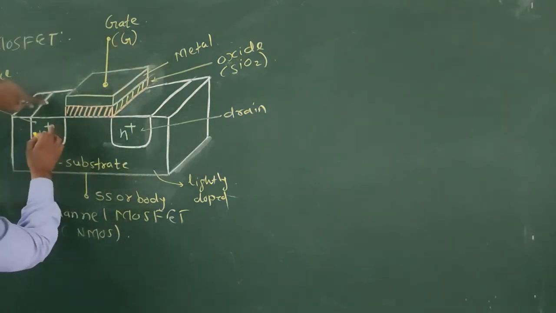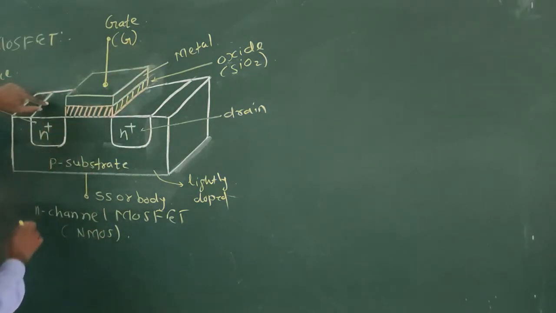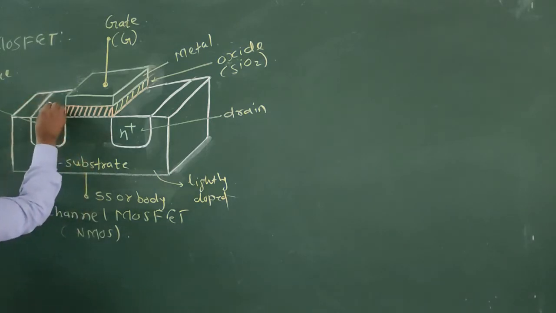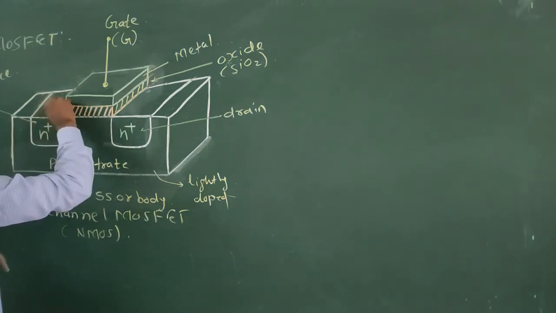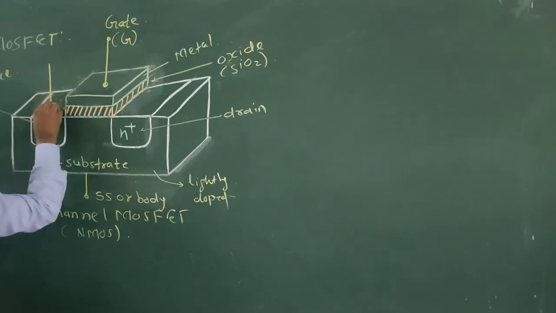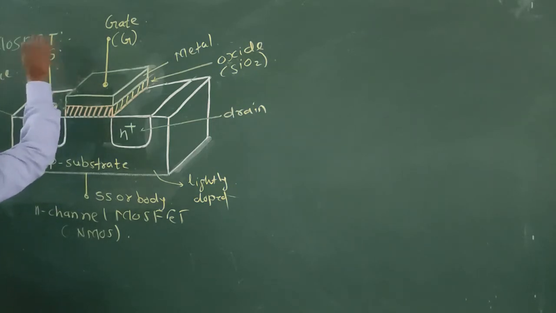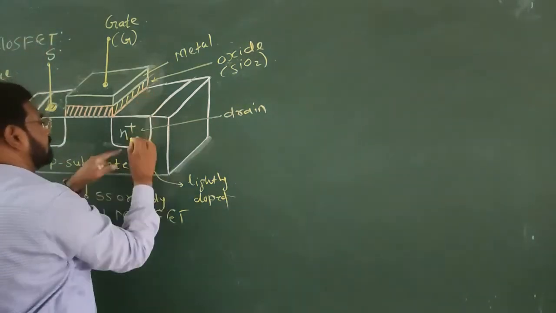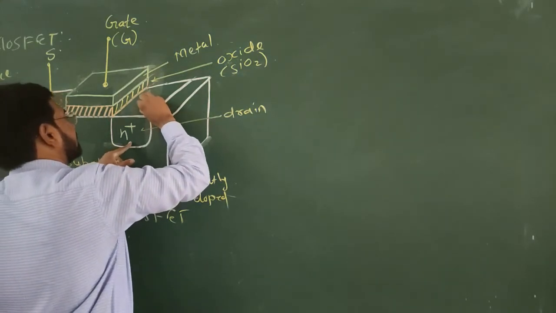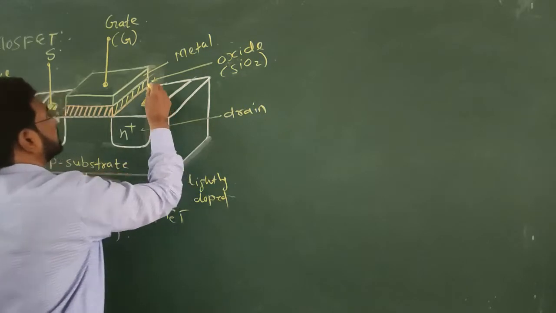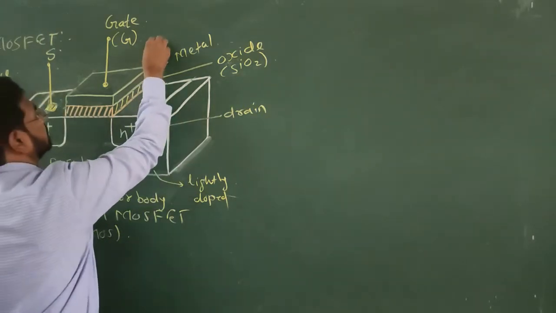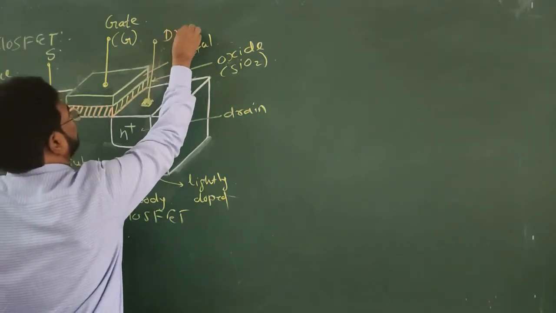Now see, this N plus region is directly connected with an external lead using metal, and this terminal is the source terminal. Again, the other N plus region is directly connected using metal to an external lead and this terminal is the drain terminal.